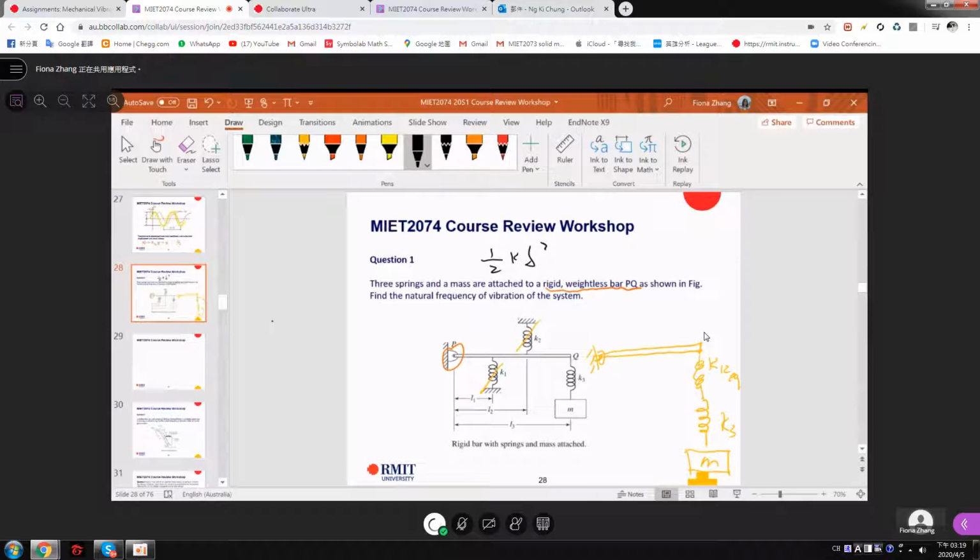You can think about when this bar moves to this position, how much each spring will move. If this rotates by theta, then the delta here is theta L. Since theta is very small, we use the approximation sine theta approximately equal to theta. So delta is theta L3 for K1-2 equivalent, theta L2 for K2, and theta L1 for K1.